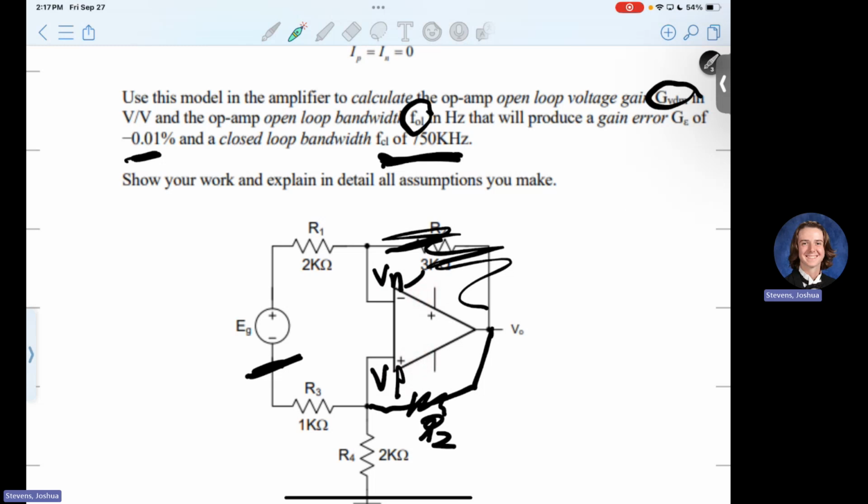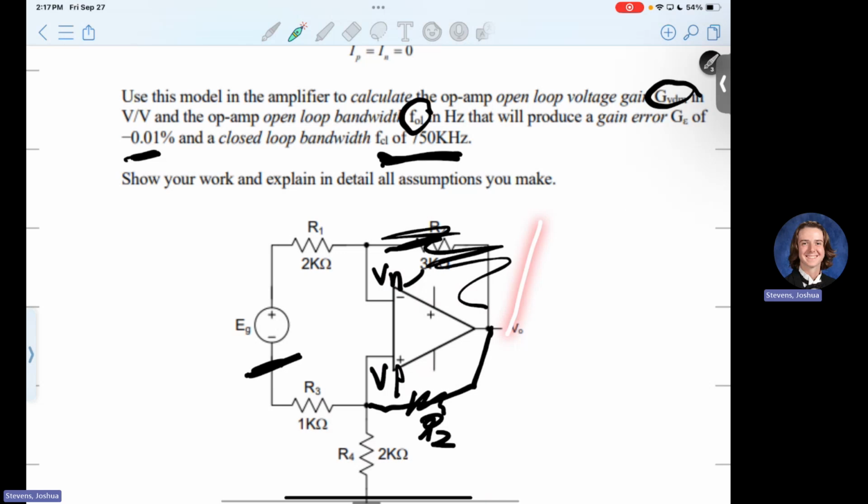They don't usually draw the topology like this. It's the same arms, just plus here and minus there, indicating the feedback is going into the positive, which would be non-inverting. Does that make sense? All right, cool.